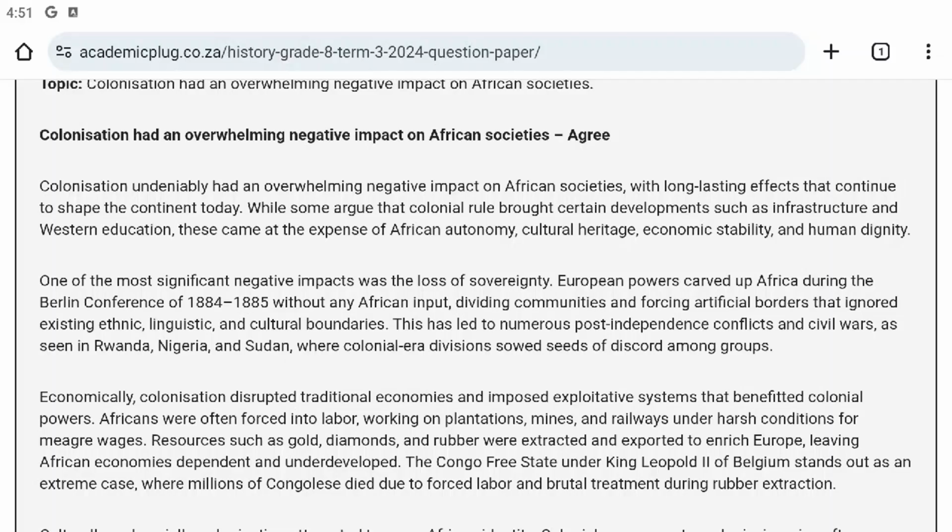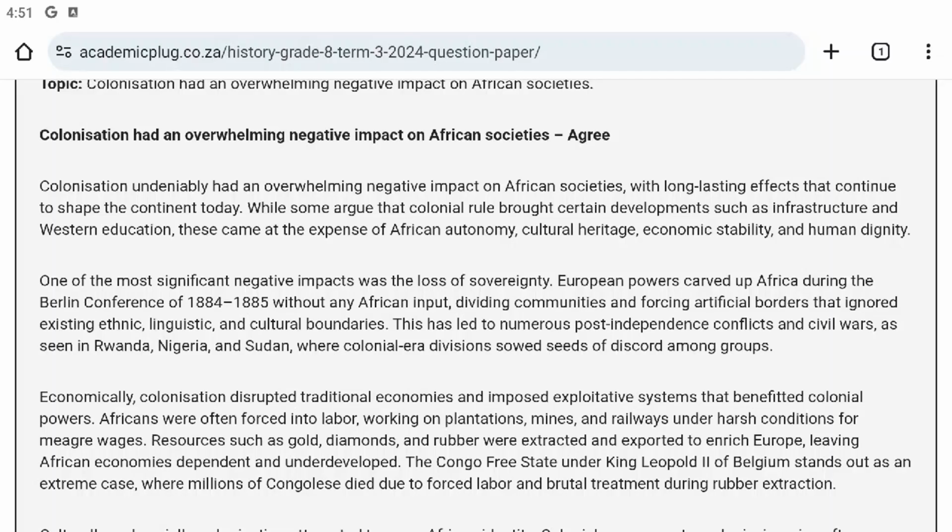While some argue that colonial rule brought certain developments such as infrastructure and Western education, this came at the expense of African autonomy, cultural heritage, economic stability, and human dignity. Okay, that was the introduction, right? Which you're supposed to write when writing an essay.